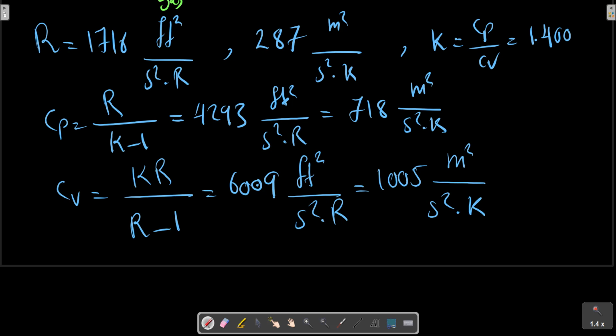The change in the internal energy U and enthalpy H of a perfect gas are computed for constant specific heats such as this relation.